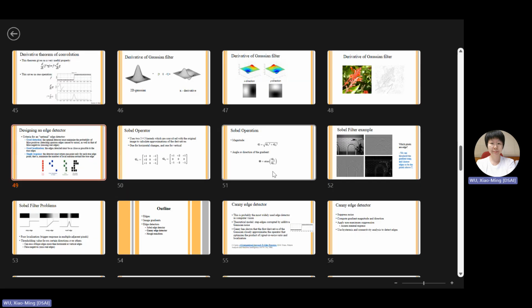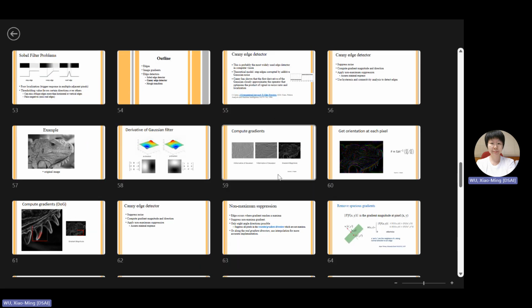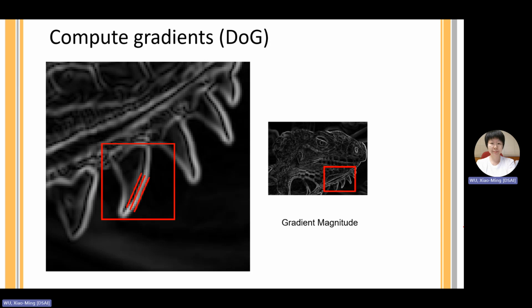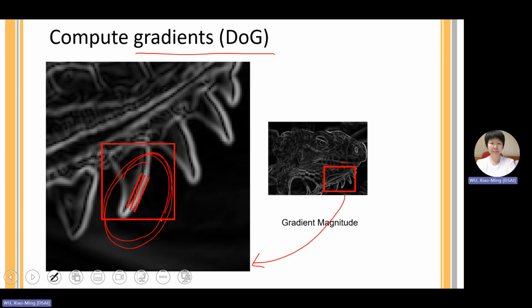Let's take a look at an example. So what do we mean by multiple responses? For example, this is a close-up of this red rectangle. And this is the gradient map. Well, you can see there are multiple responses. So this is not a thin edge, because it triggers multiple responses.